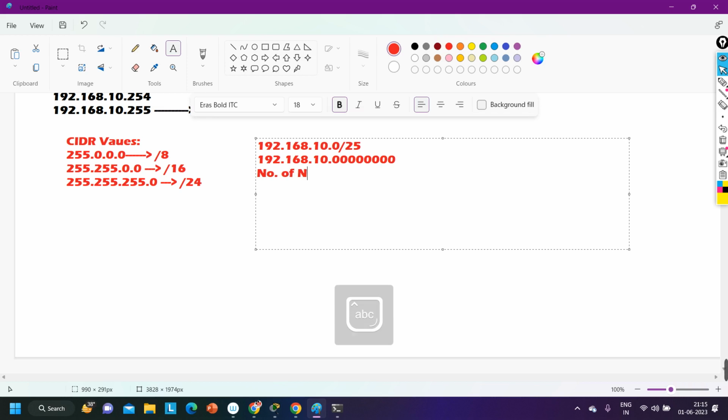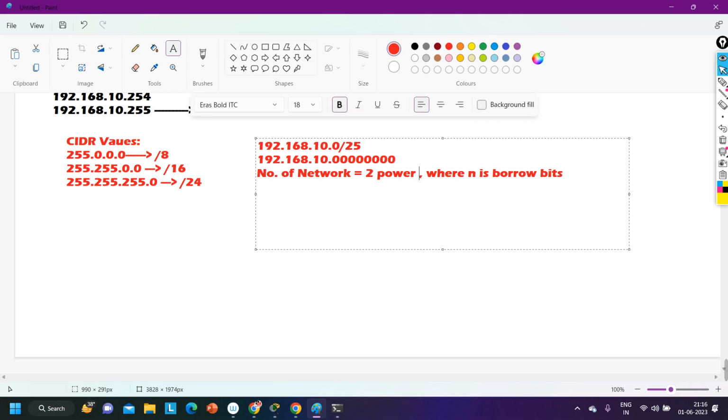Number of networks equals 2 power n, where n is the number of borrowed bits. Borrowed bits means bits borrowed from the host portion. Like here for class C, by default the CIDR value is 24, but we are using /25. That means we have borrowed 1 bit.